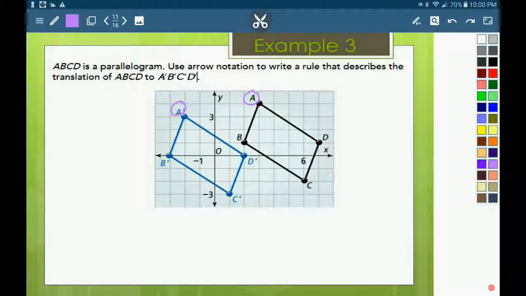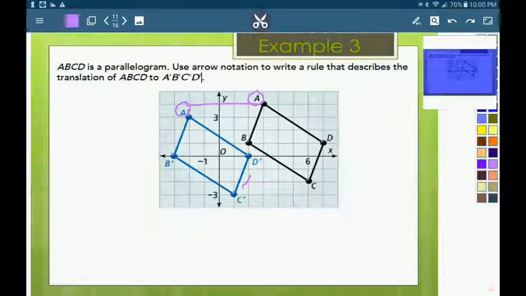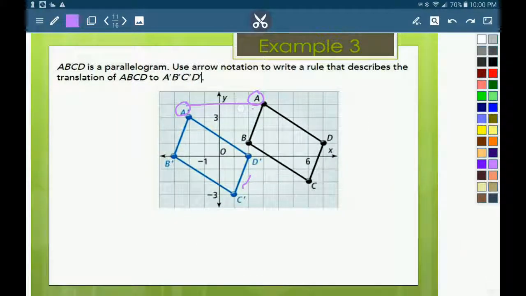So I'm actually going to trace from A, which is left. Oops, didn't mean to move my picture. It's actually left 1, 2, 3, 4, 5 units. Left 5, and then down 1. So left 5, down 1.